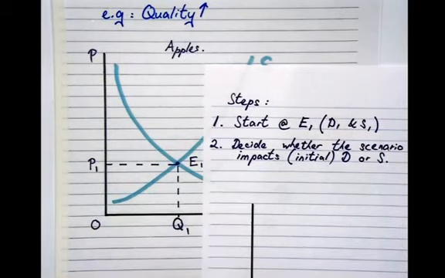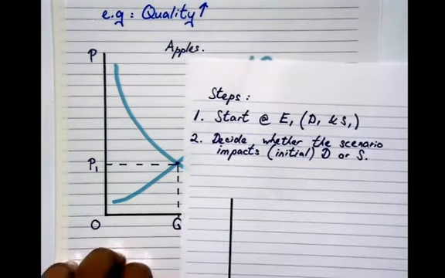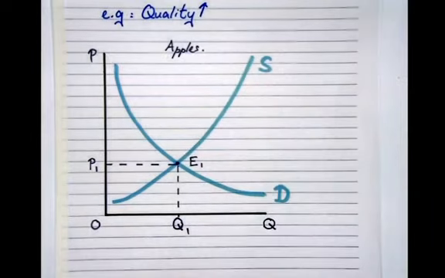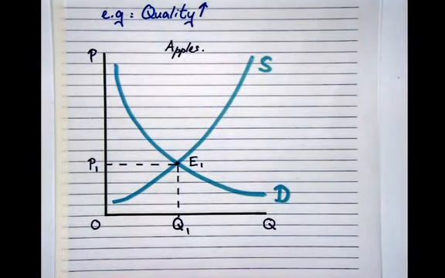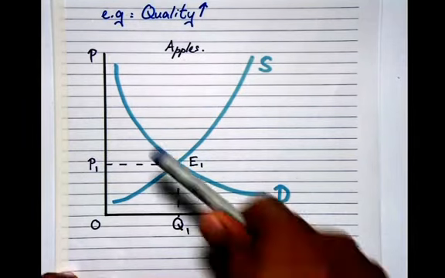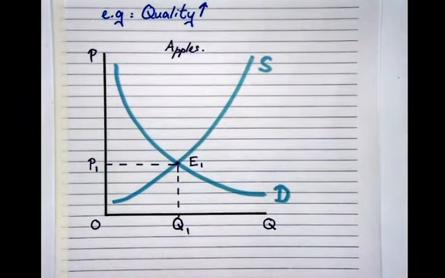So once you've started off at the initial equilibrium, you look at whatever is presented to you and decide whether the initial impact is on demand or on supply. It's important to consider who the initial impact is on. In this case, since it's about the quality of the product, the initial impact is going to be on demand.